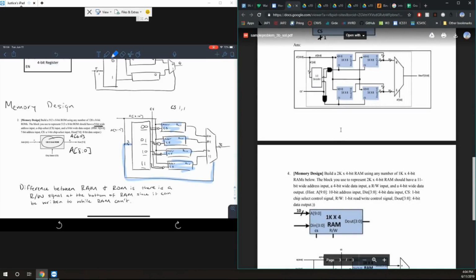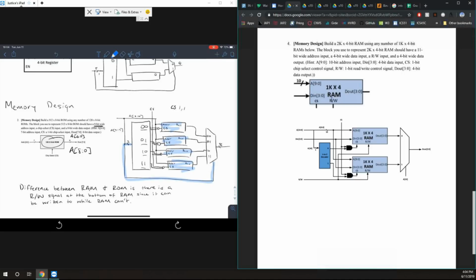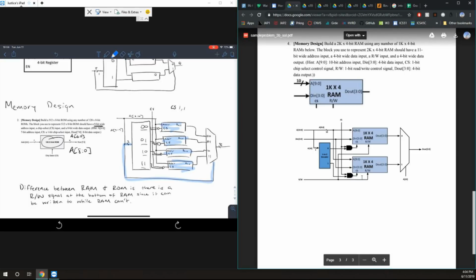Okay, so for this one, this is a RAM. The difference between RAM and ROM is that it has a write. Because we're still using the chip selector and our decoder, we AND them together to choose which one of these RAMs we're looking at. The read-write signal just can go in normally, and we don't have to do anything to it.